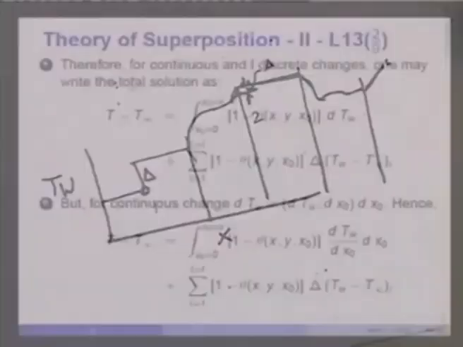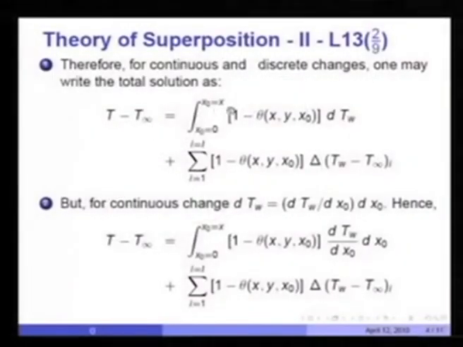So, T minus T infinity from x naught equal to 0 to x equal to 1 minus theta x naught plus dt w plus. So, the total response for such a change would be a little bit from the continuous change and a little bit from discrete changes, the sum of i equal to 1 to I, into T w minus T infinity.